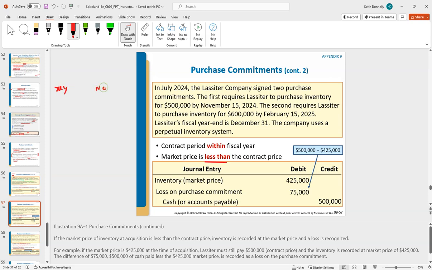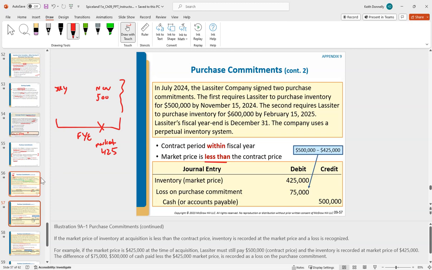Again, we have July, we have November. This one was for $500. We have our fiscal year end, and it's within our fiscal year end. Let's say on the strike date the market price is $425.